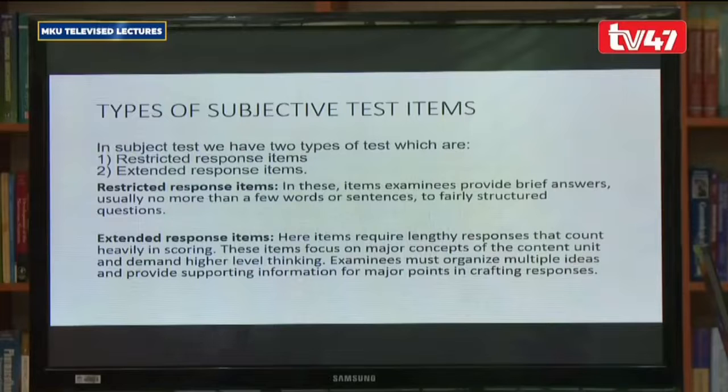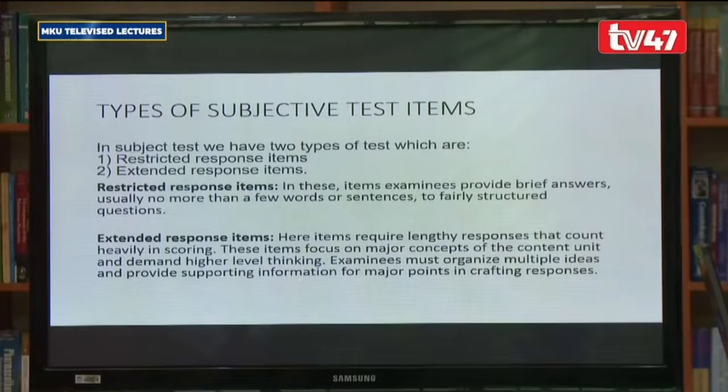Now, let's switch to the types of subjective tests that we have. In subjective tests, as we said, this is where the learner supplies all the answers by writing and by arguing out and by using their own words to show that they actually know what they are supposed to supply as the correct response to the items that they have been asked.